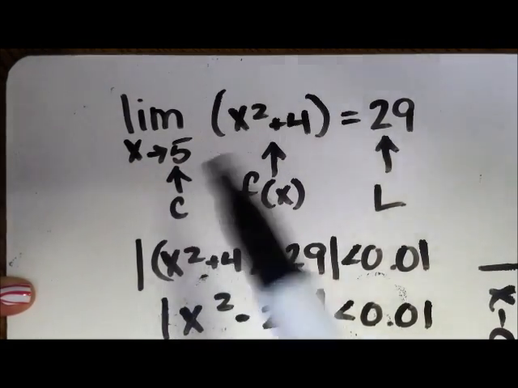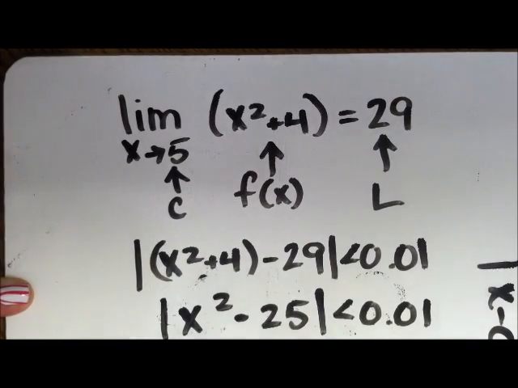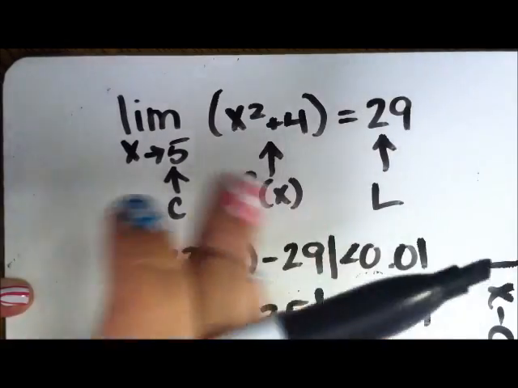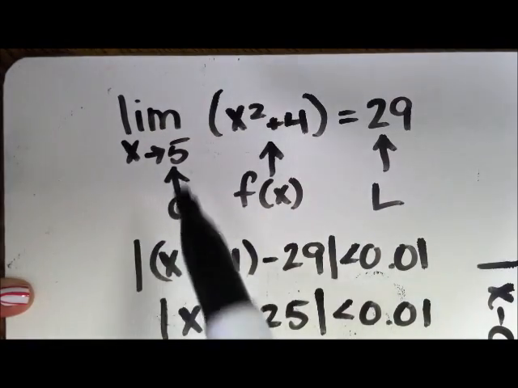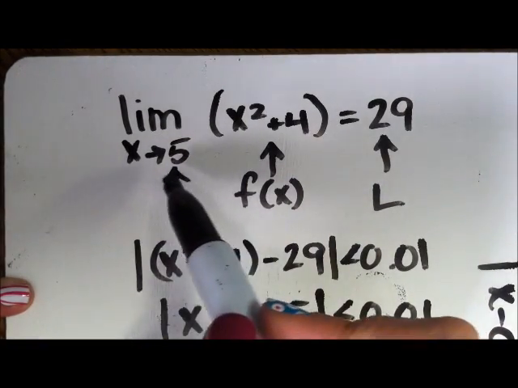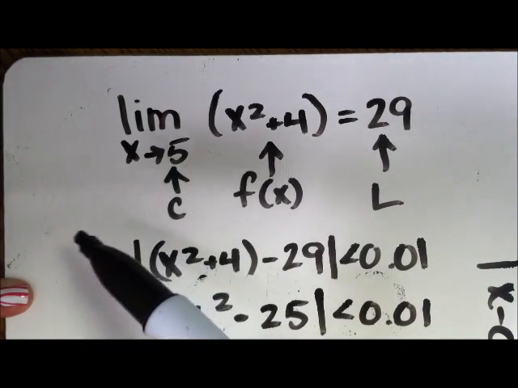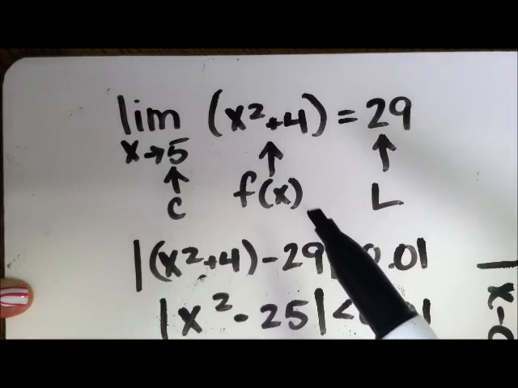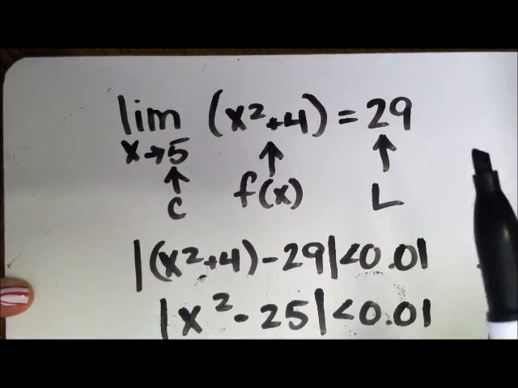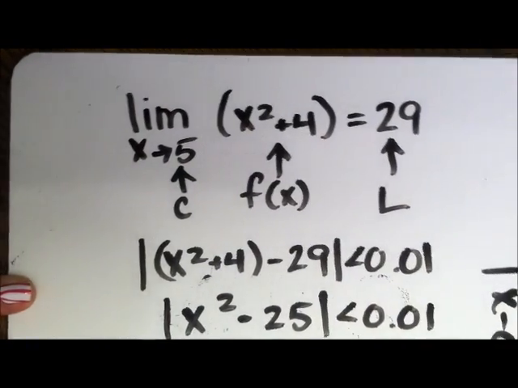By my definition, I'm looking at an open interval around c, but it may not include c. So I'm going to say that x is somewhere between 4 and 6, which makes sense, because 5 is between 4 and 6, so that's totally fair to pick.